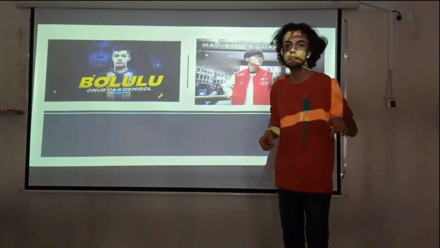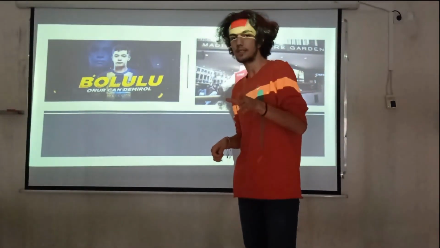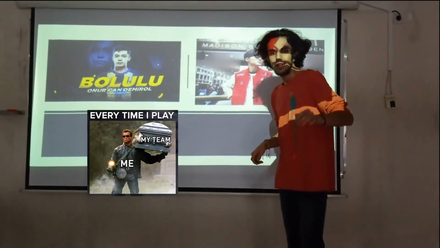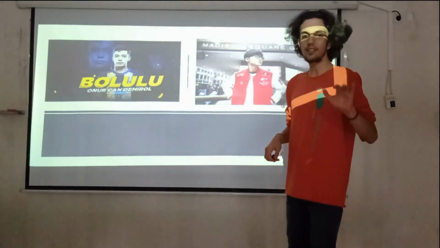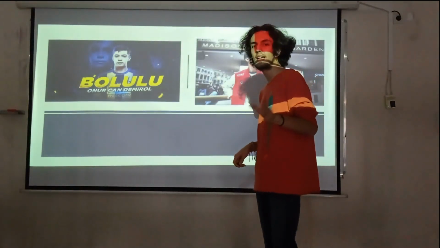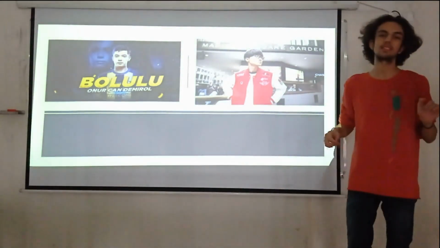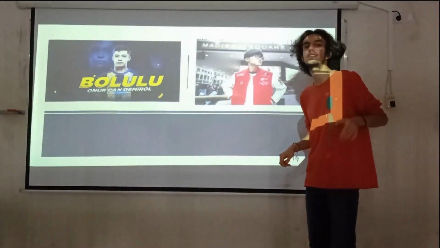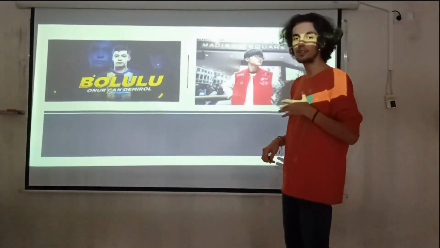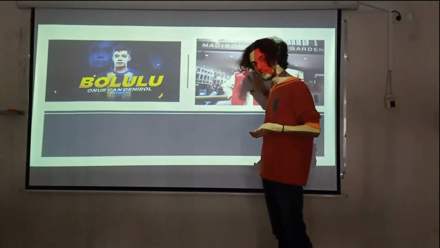And these competitive games, like soccer and basketball, are all about teamwork and reflex. These games are called esports. They have tournaments like other sports, and esports has its own legends, like Michael Jordan, Cristiano Ronaldo, and Usain Bolt. Esports has Bull and Faker.